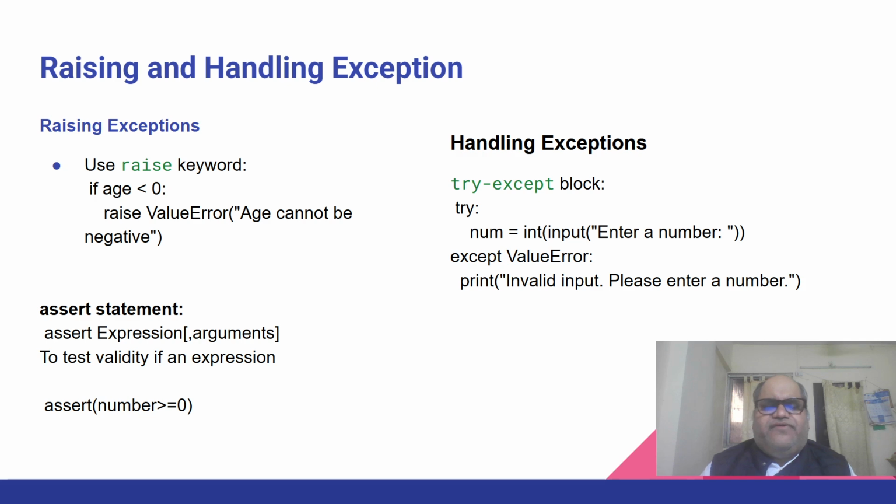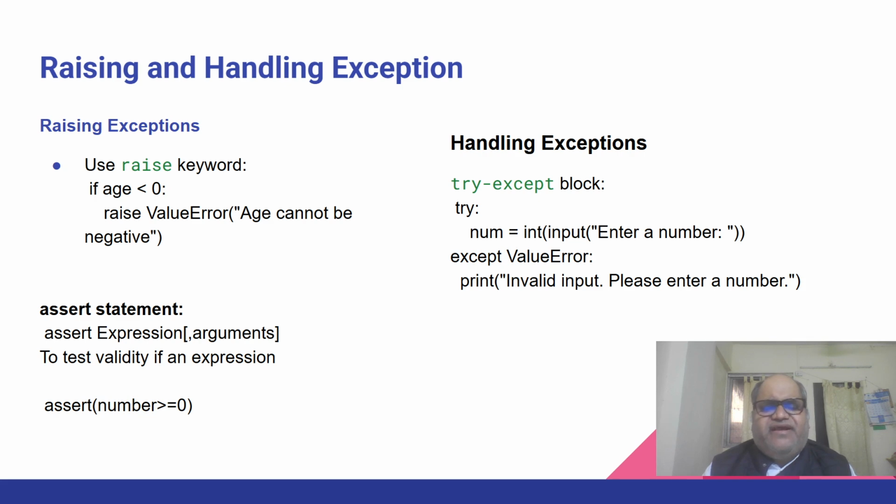Now, how to handle exceptions? For handling exceptions, we use a combination of try and except blocks. You write your code inside a try followed by a colon, as you see on the right-hand side. Say, for example, you are trying to get input, enter number, through input.